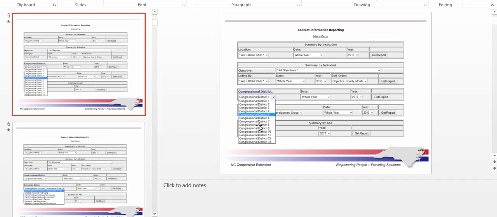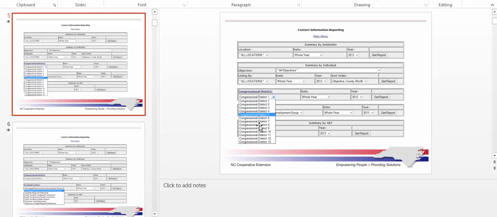The other part of this, and it populates itself as you do the reporting, is the congressional districts that are reported. There was some change to congressional districts 1 and 12 recently with the June election, and that has already taken place.